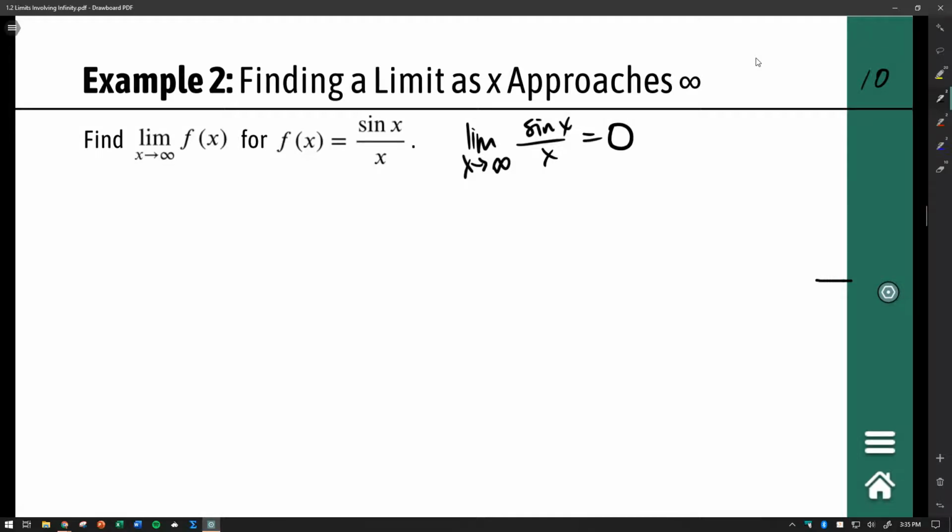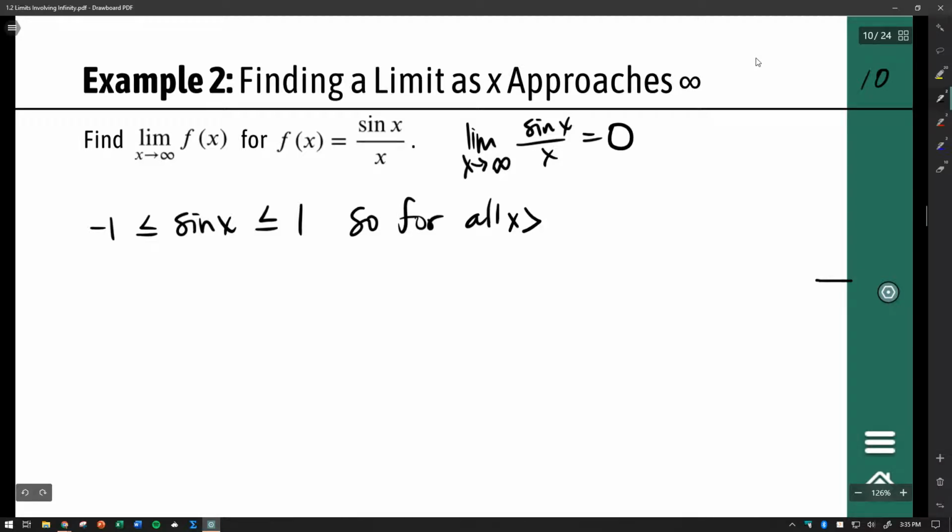But how can we show this with the squeeze theorem? Well, we know that the sine function lives between -1 and 1 at all times. So for all x greater than 0, or all x positive, we can say this.